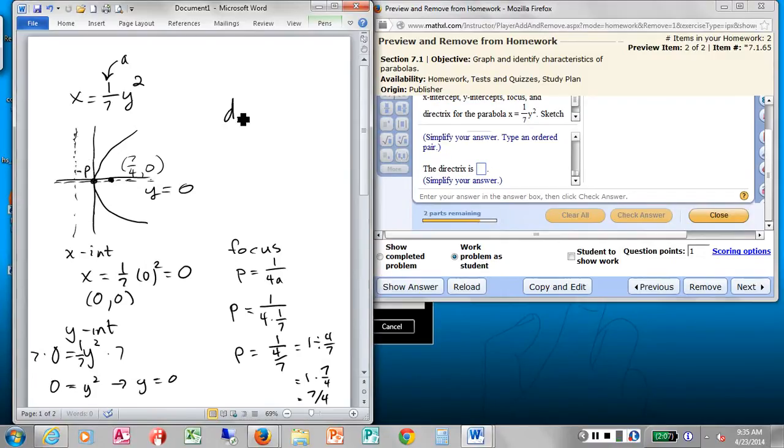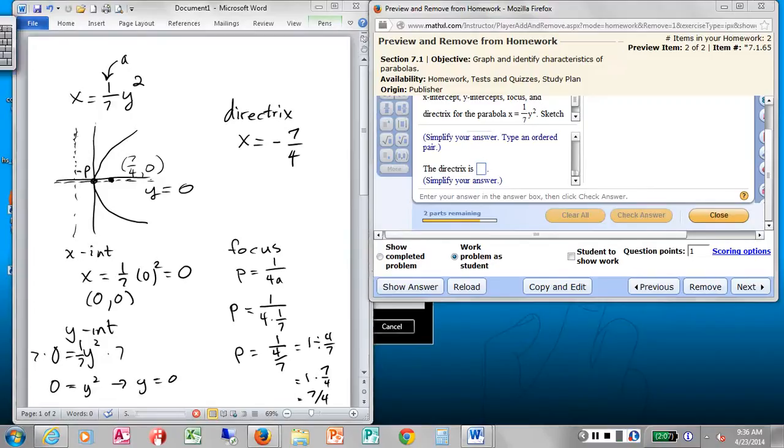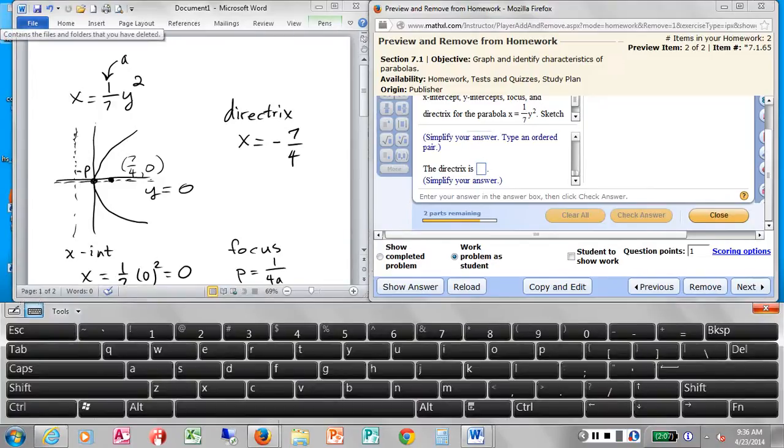Now it is a vertical line, and so that's x equals a number, and if it's minus p, p is 7/4, so minus p would be minus 7/4. So our directrix is at x equals minus 7/4 is the way they would want us to type that in. X equals a negative 7/4.